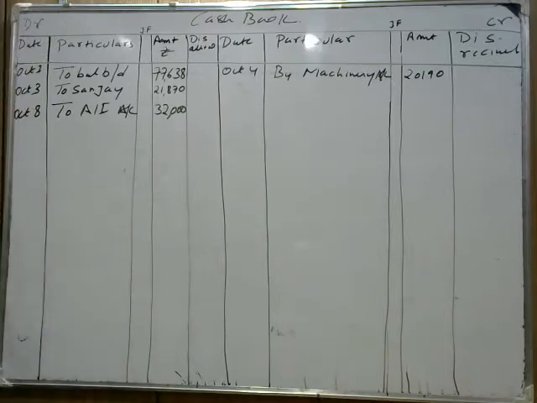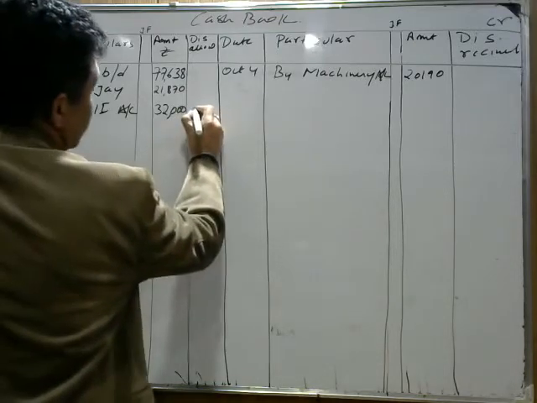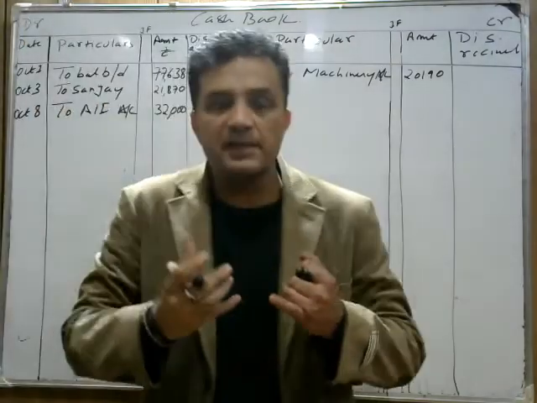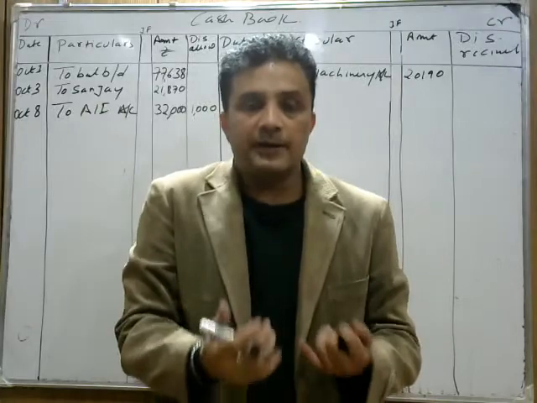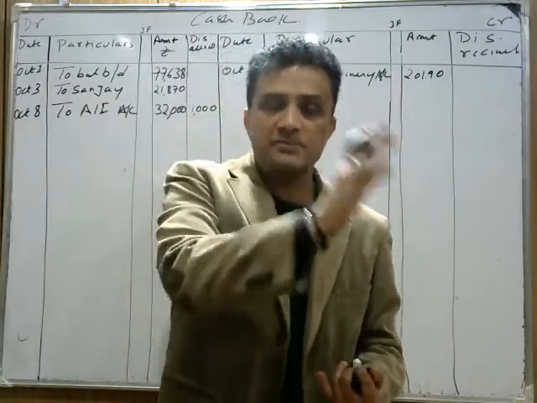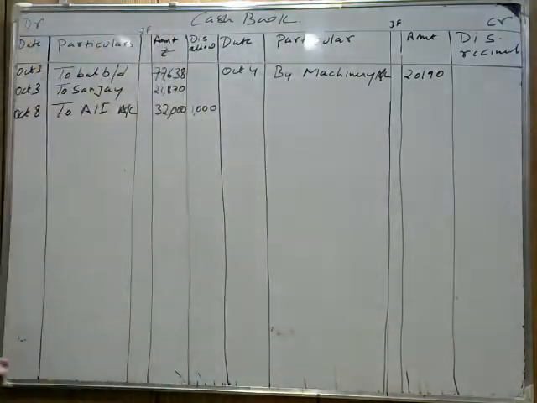When you receive money, you allow discount. जब भी हम पैसा रिसीव करते हैं, अब हम डिस्काउंट देते हैं. You allow discount 1,000. This is the important part. Discount is an expense for us, and the nominal rule says that all expenses are debited. Please remember this thing.